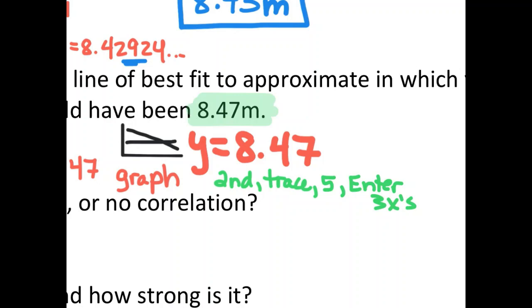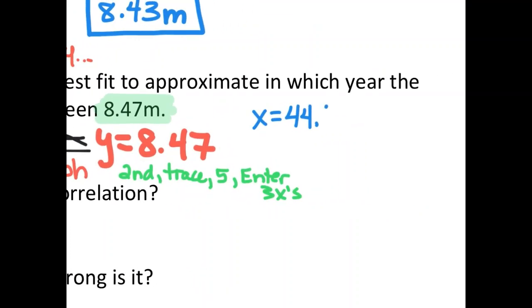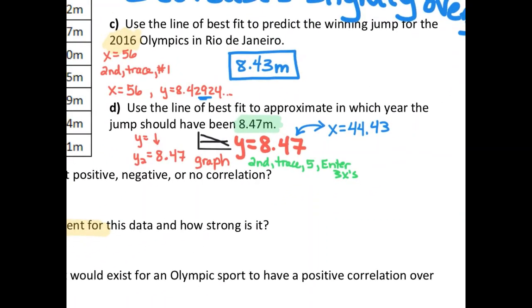And then what it'll show you is x equals 44.43. So your x value is 44.43 when y is equal to 8.47. But I want you to reread the problem and ask yourself, is my answer 44.43? No, because you're asked to give a year, and probably the year isn't year 44.